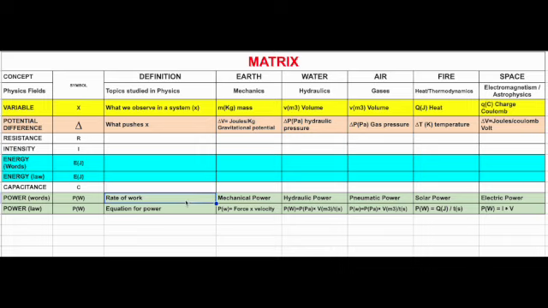Power, by definition, is rate of work. So we have mechanical power, hydraulic power, pneumatic power, solar power, and electric power. And the equation for power is energy divided by time. So if you divide mass by gravity by height divided by time, you have force and velocity. Force and velocity is the equation for power.